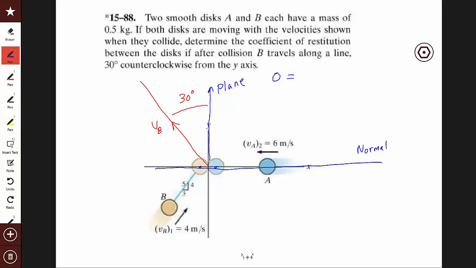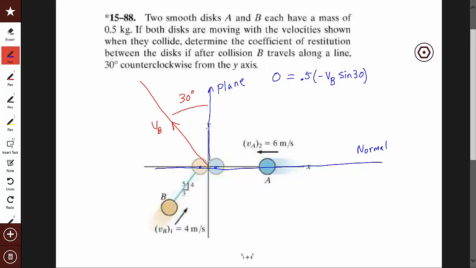And so after the collision, the momentum is the mass of B, which they're both 0.5 kilograms, 0.5 times the velocity of B in the normal direction. So in this case it's going to be a minus VB times the sine of 30 degrees, and that's the component of momentum or velocity in the normal direction after the collision.